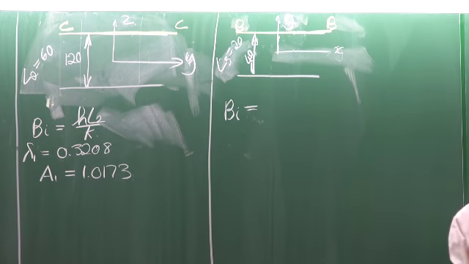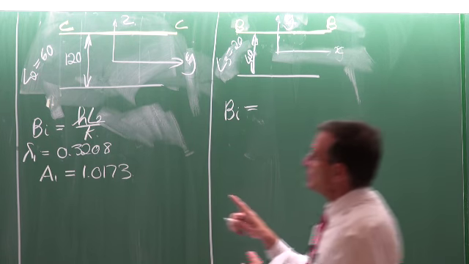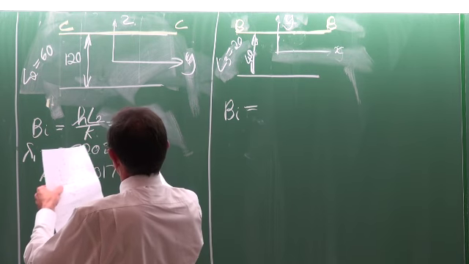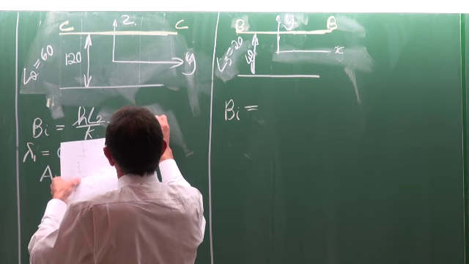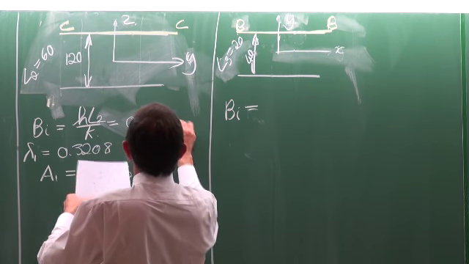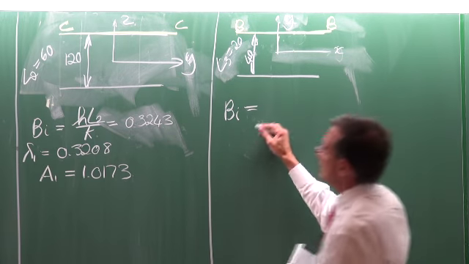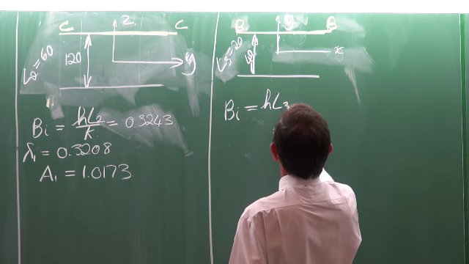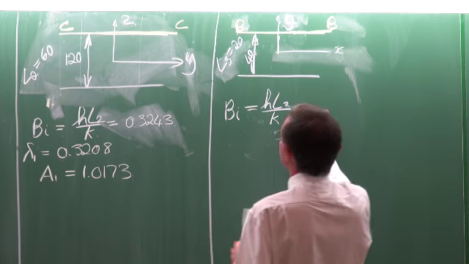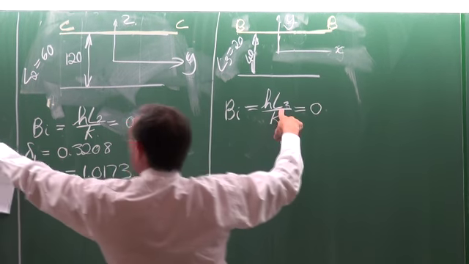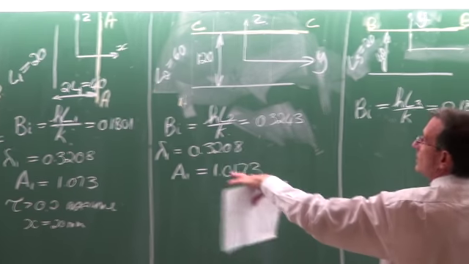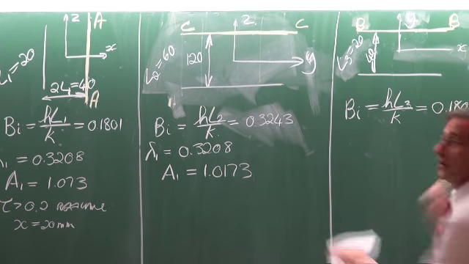So if I now just look at the Biot numbers, then this Biot number would be equal to 0.3243. This one is the heat transfer coefficient multiplied by L3 divided by k, and this L and that L is the same, so it would be equal to 0.1801.